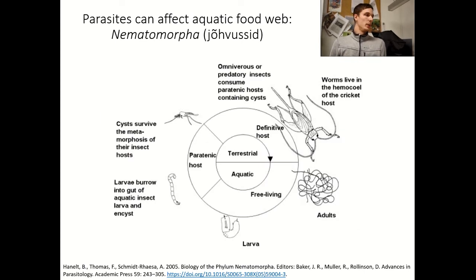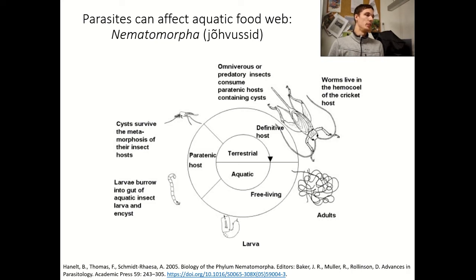So our last topic looks at maybe a bigger picture about how parasites are linking terrestrial and aquatic habitats, and how they may impact species assemblages, food webs, and even ecosystem processes.